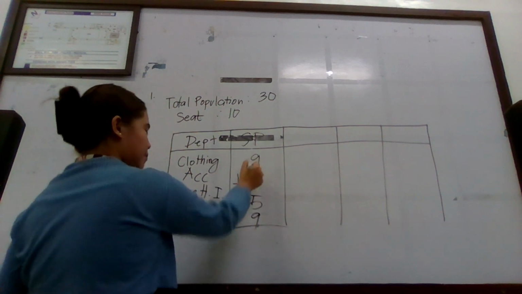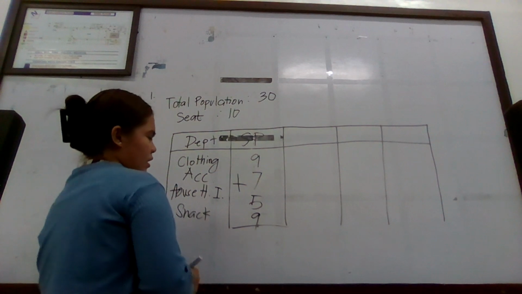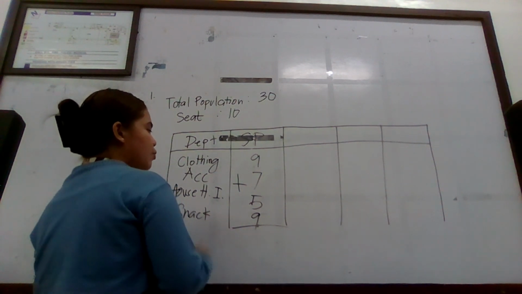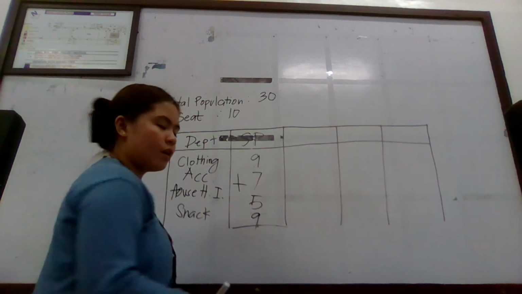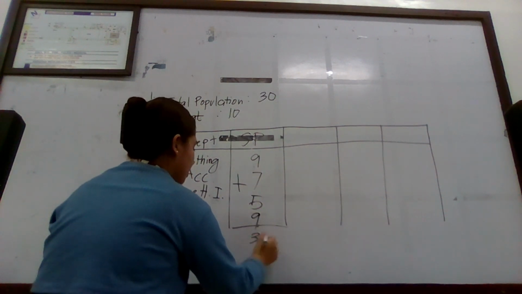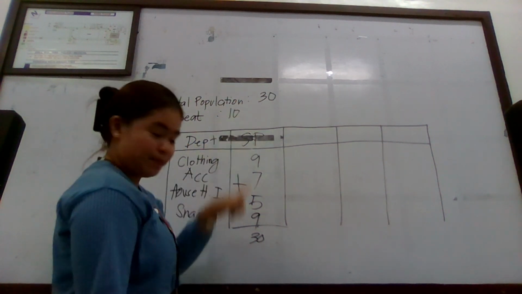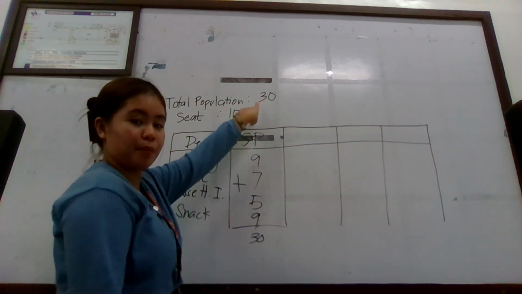Let's add together. 9 plus 9, 18 plus 7, 25 plus 5, we have 30. So as you can see, they're equal to the total population.